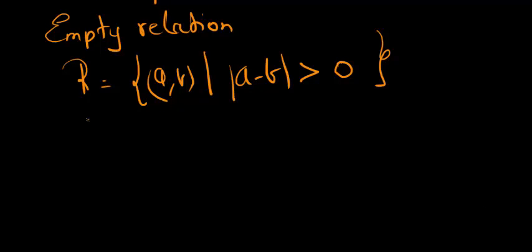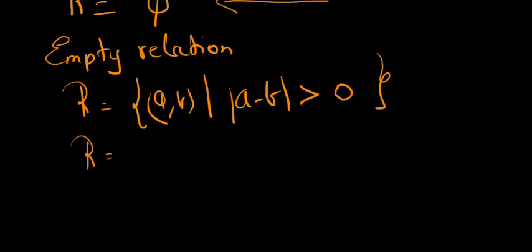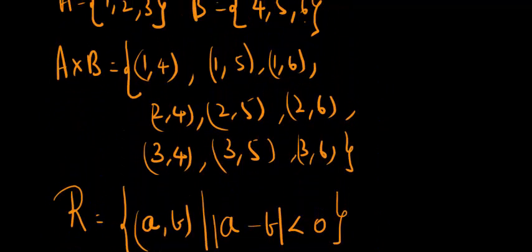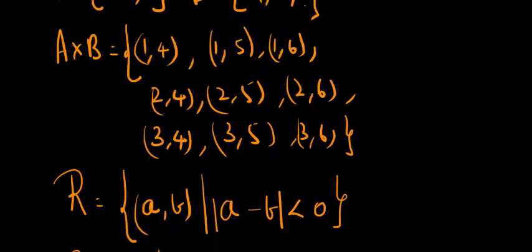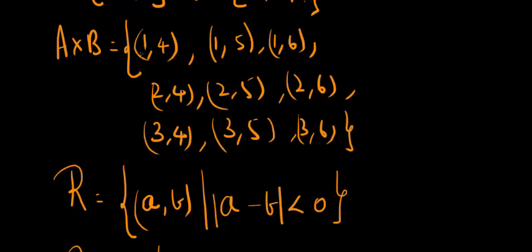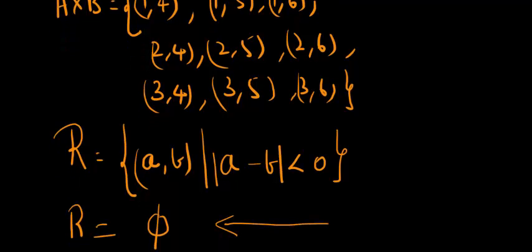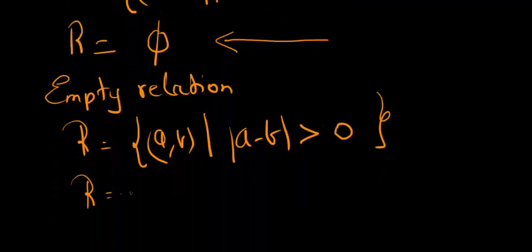Give it a thought and you will realize that the entire set A cross B belongs to this relation, simply because you can pick any elements, the difference is always going to be greater than 0, isn't it? And hence the entire A cross B will be the relationship R.